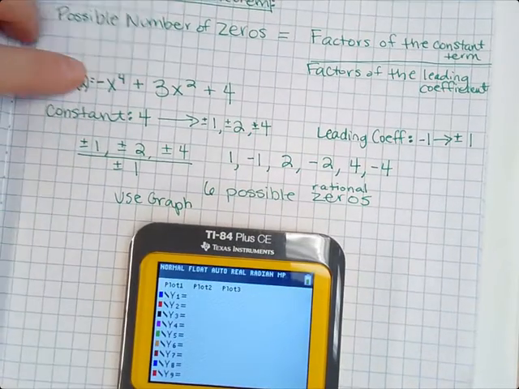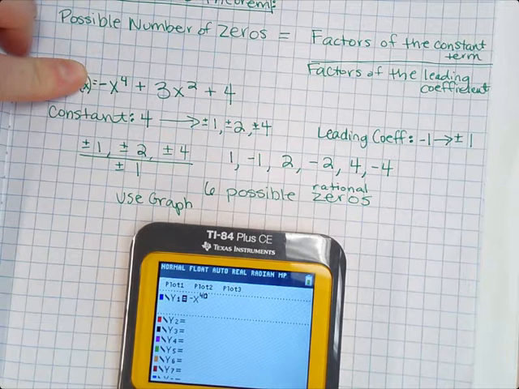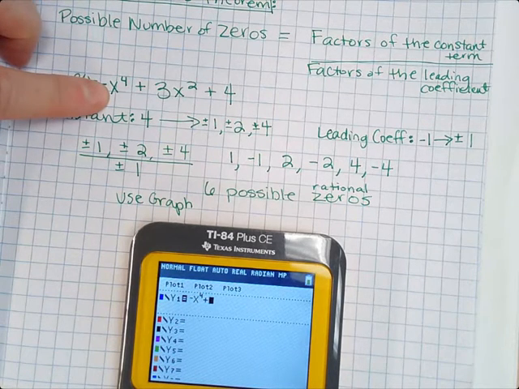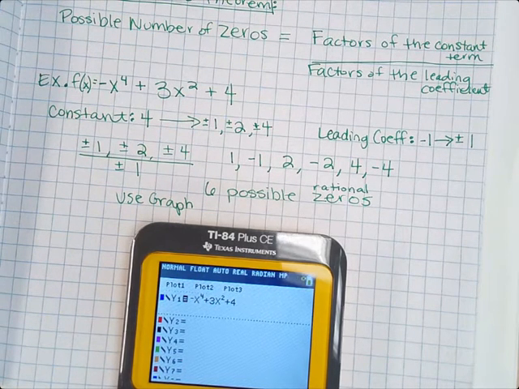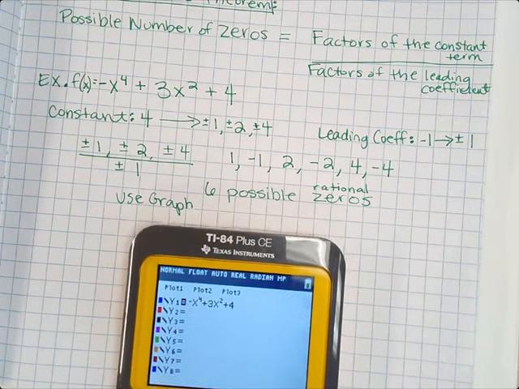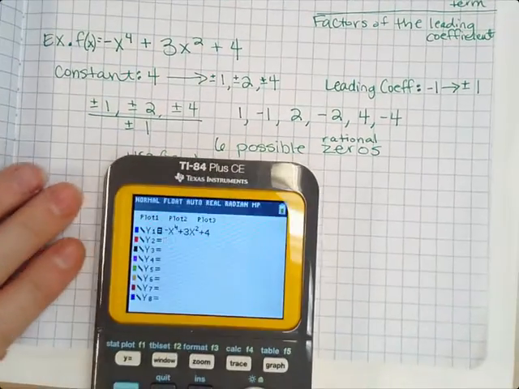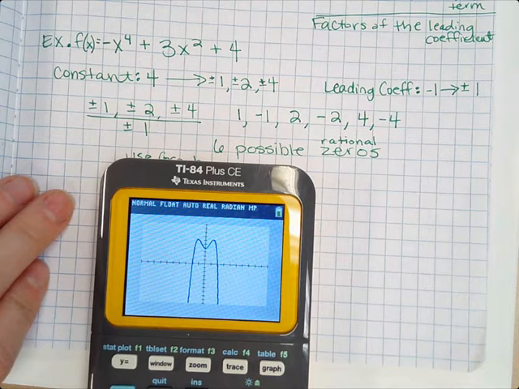So we'll put in our function negative x raised to the 4th power plus 3x squared plus 4. Looks kind of like an elm.